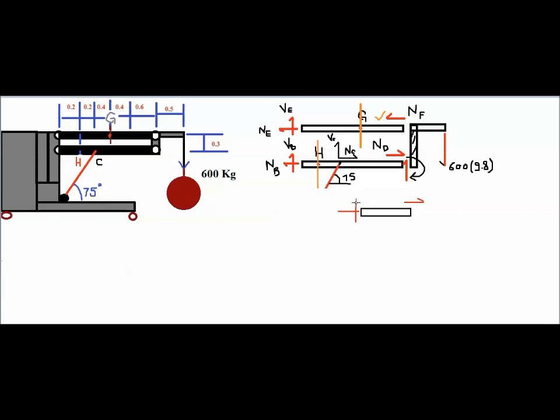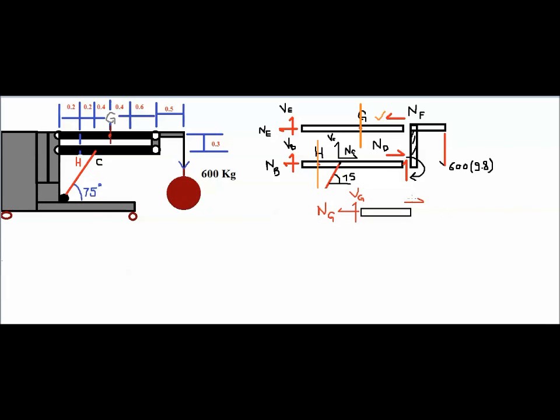Okay, now we have to find what the forces will be. We do not know the directions of these, so we'll just write it down. Like this is a VG and this is an NG, right?